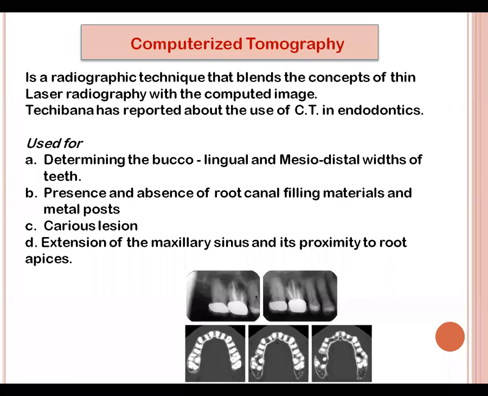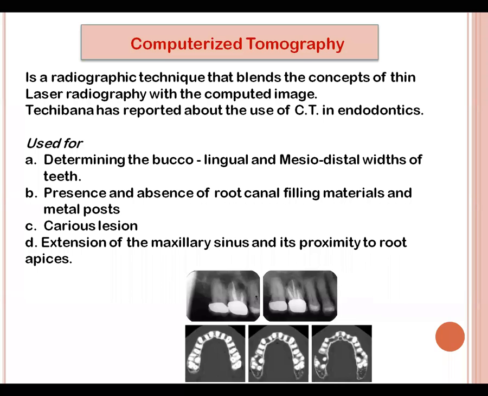You will not learn this right now; this will be taught to you in detail in oral diagnosis. Basically, photographs or radiographs are two-dimensional pictures. But whenever you take a CT scan or a CBCT scan, it is always a three-dimensional picture of a particular tooth, and hence that will always give you a more definite and specific picture of a particular tooth.